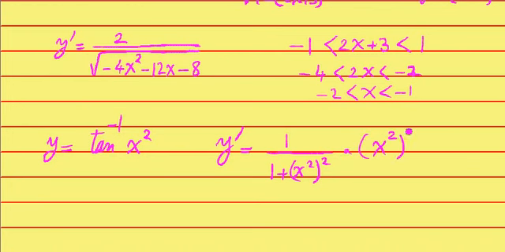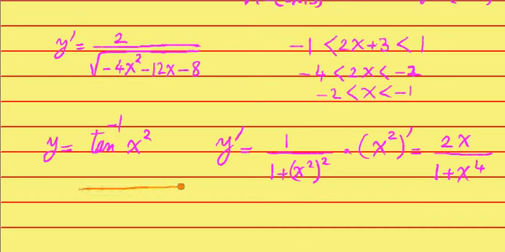I'll have x squared prime multiply everything else that I have. So that's going to become 2x over 1 plus x to the power of 4. Okay, I hope you go ahead and do more exercises of this type.